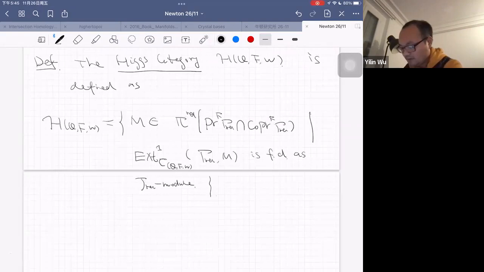And then we have the following theorem. The Higgs category is an extension-closed subcategory in the relative cluster category.